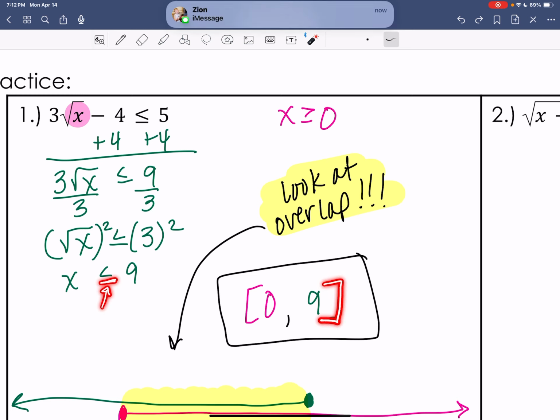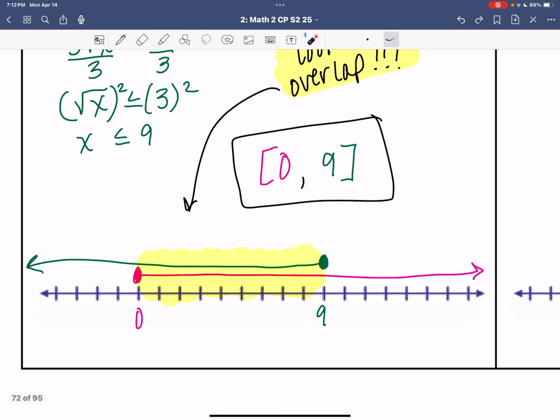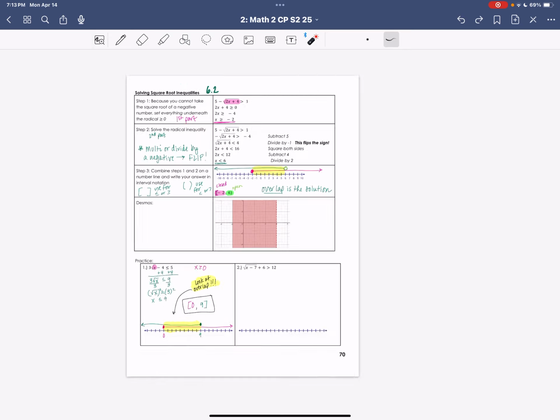That's why we have a bracket there. You put a closed point here, and this is going that direction. And then here, we take this, it's also a closed point, and it's going that direction. So they both overlap from right here. That's your final answer.